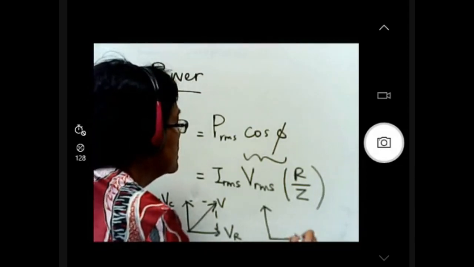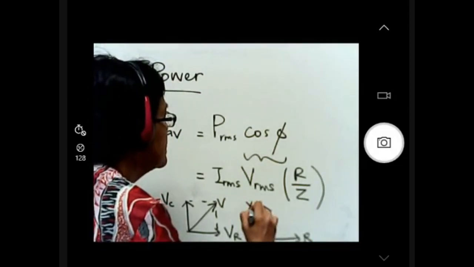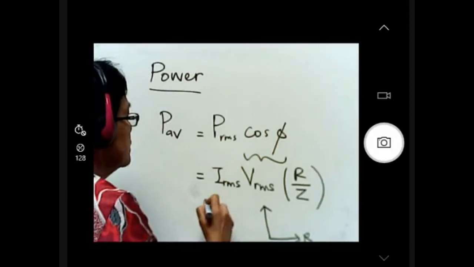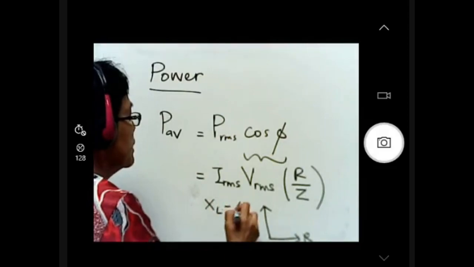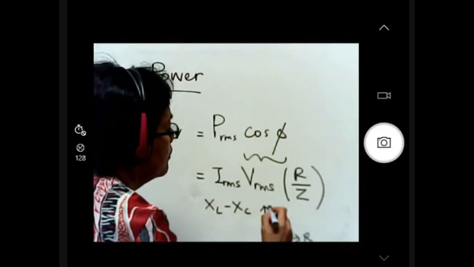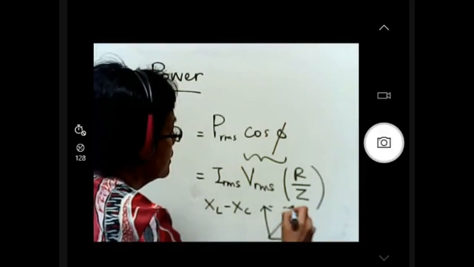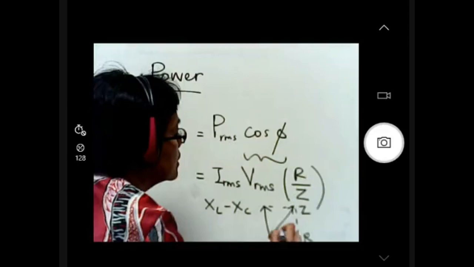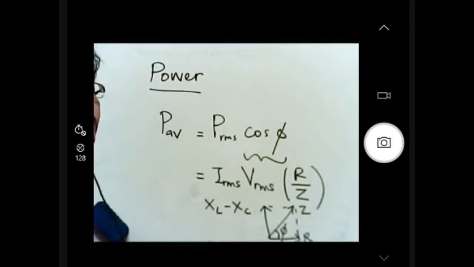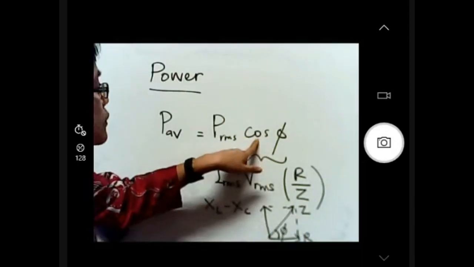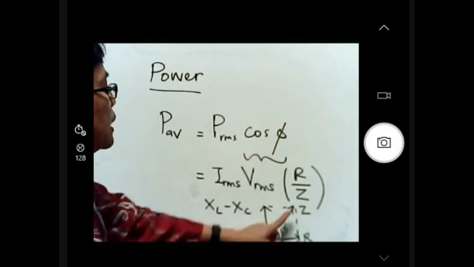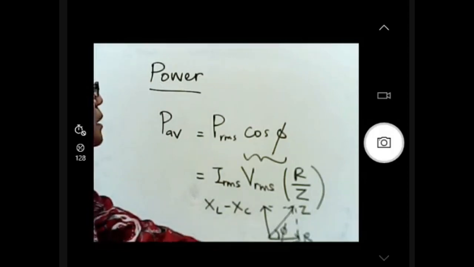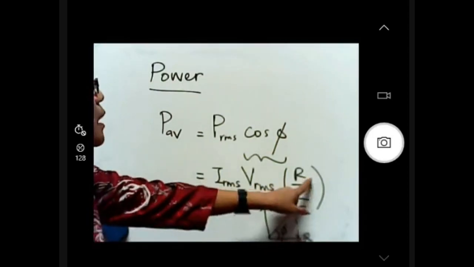That means my resistance is here, my XL minus XC, and then my impedance is here. Because this is a series circuit, the current in the circuit is the same. So you find that cos phi is adjacent divided by hypotenuse. So it's R over Z.